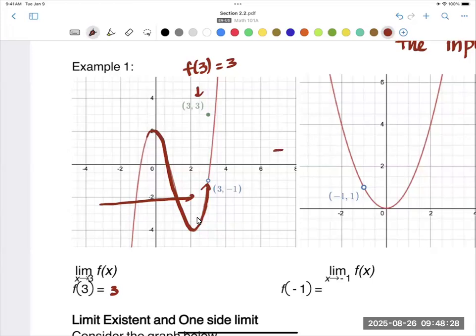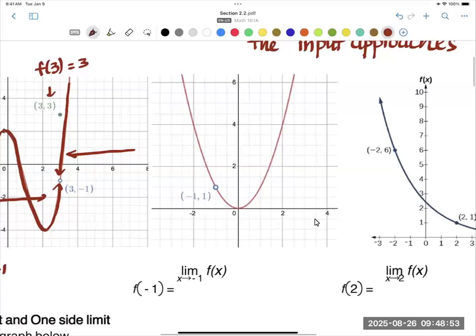When x approaches 3 on the right side, the y value approaches -1. So we say the limit as x approaches 3 of f of x is -1. Limit is not about what happens at the point. It's about what is approaching at that point.